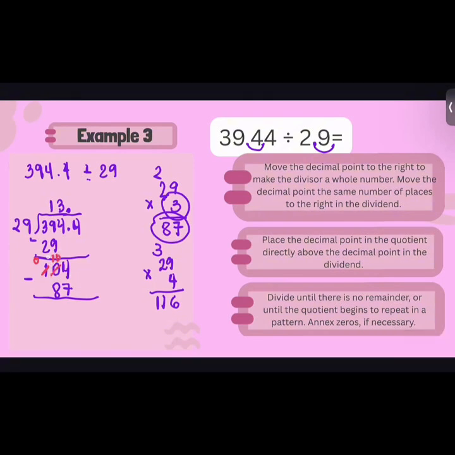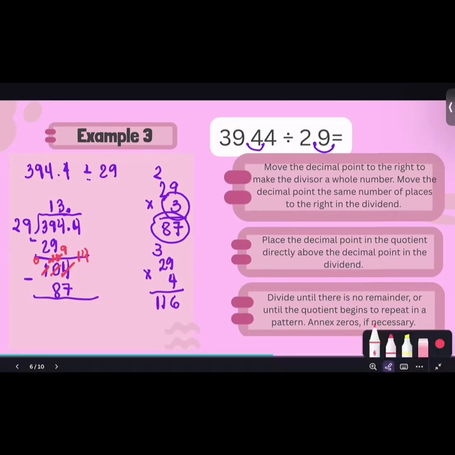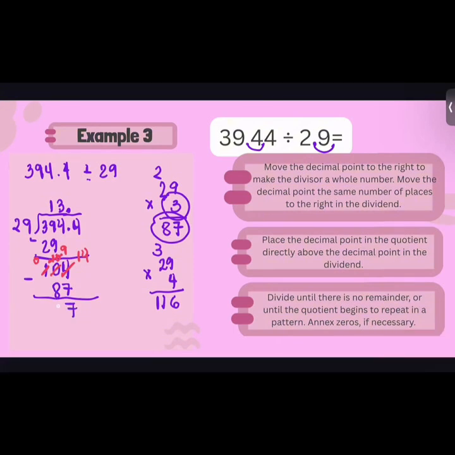At since we are going to borrow, yung 10 po natin ay magiging 9. At si 4 ay magiging 14. Okay? So, remember the subtraction process. So, now let's proceed with subtraction. 14 minus 7, this is equal to 7. Next, 9 minus 8 is equal kay 1. Then, we cannot subtract because it's already 0.